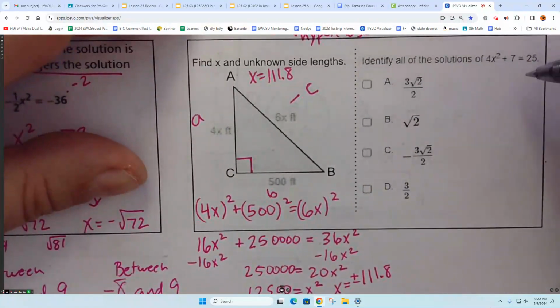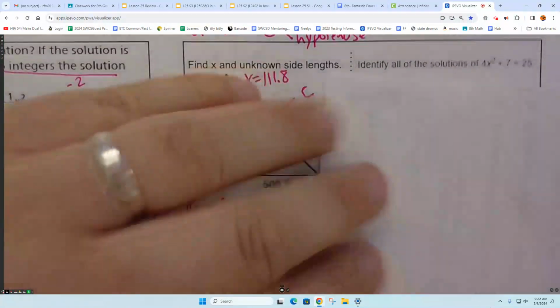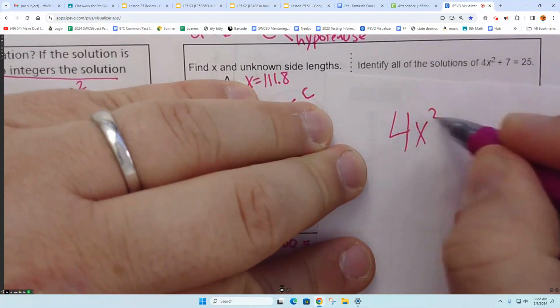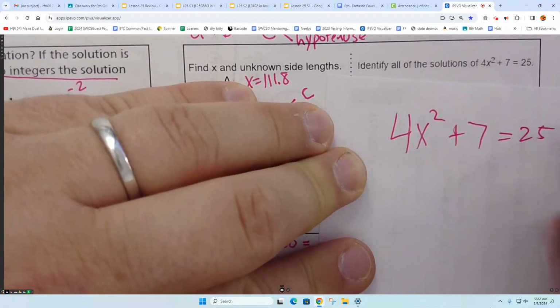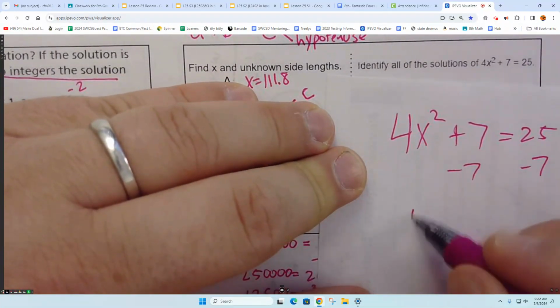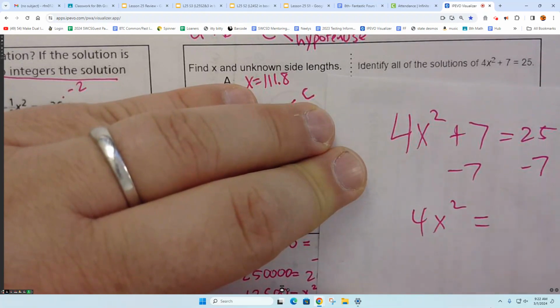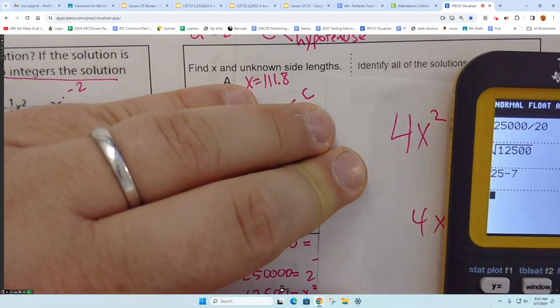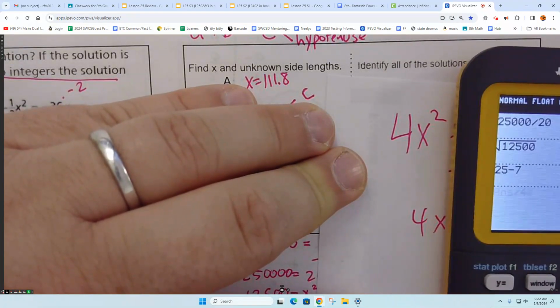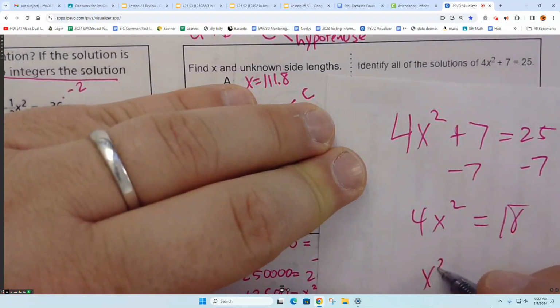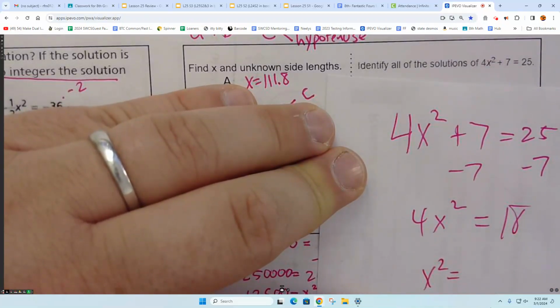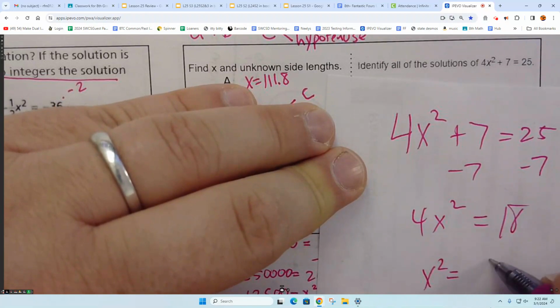So I don't actually want you to solve this. I'm going to solve this on another piece of paper. I want to talk about what happens when we get an answer like this. 25 minus 7, 18 divided by 4. Okay, x squared equals 9 over 2.